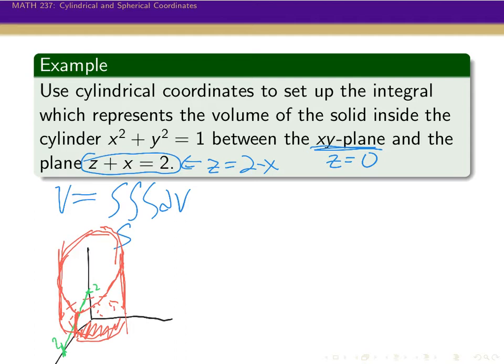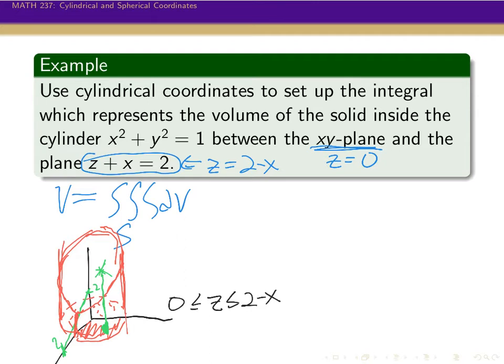So if we're going to integrate z first, we're thinking about taking some spot on the xy plane, and then integrating from the xy plane, so that's z equals 0, up until I hit the plane on the top. So my z values are going from 0 until I hit the plane, which is at 2 minus x.